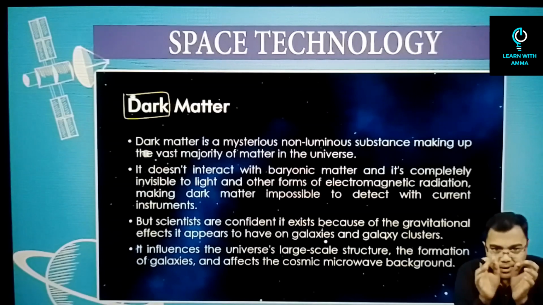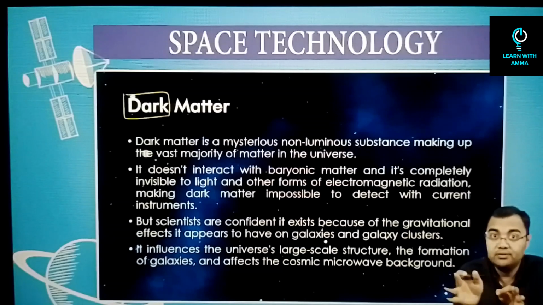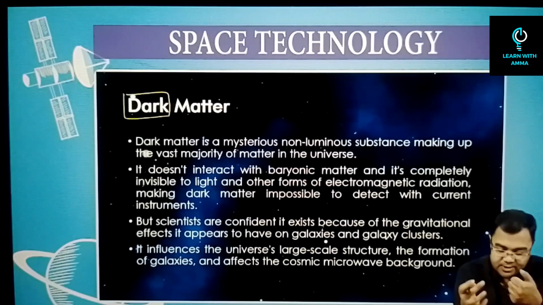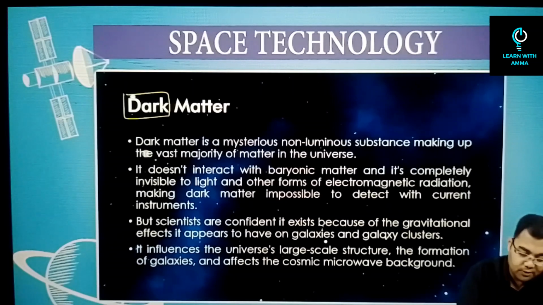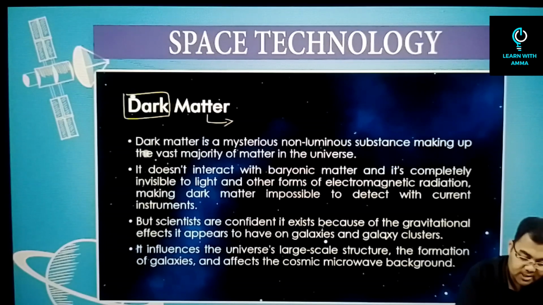The thing is, the matter that you see, everything around, even if you don't see it, you are able to observe it. Why? Because this is something that has mass and it occupies space. A very simple definition of matter, correct? What is matter? Class 6th you might have studied. Matter is anything that has mass and occupies space.